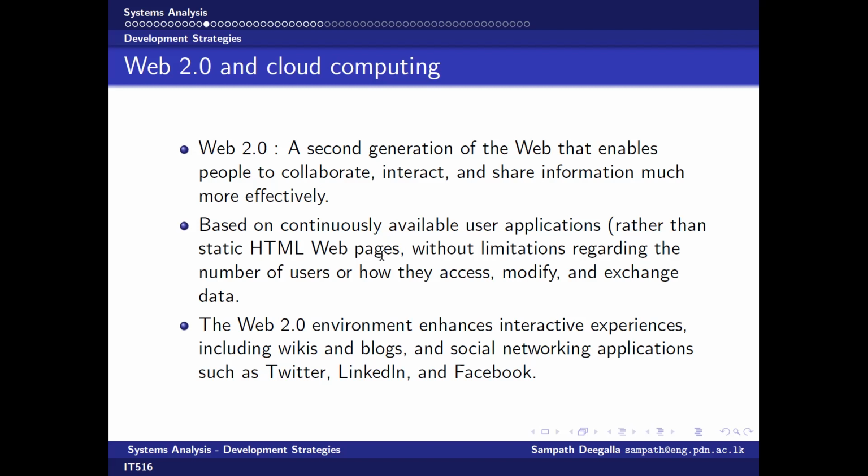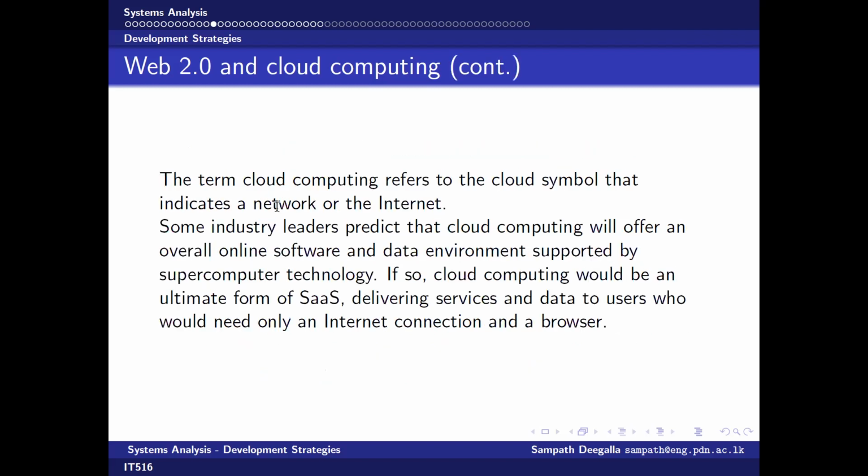We can talk about sharing information with wikis and blogs, and social network applications like Twitter, LinkedIn, and Facebook. Although we talk about web 2 a lot, some people have started talking about web 3 as well. I'm not going to discuss it in much detail, but you can see what is happening in web 3.